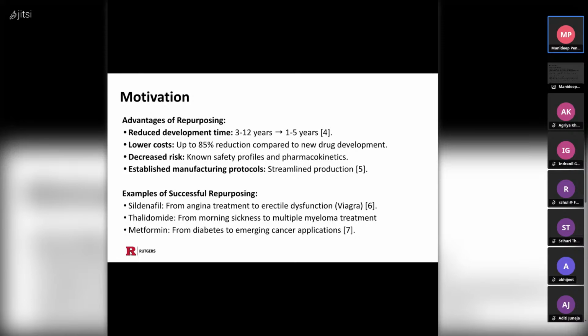Not just that, the manufacturing of these drugs is also simpler because the whole process is streamlined, right? So obviously I'm sure you guys at this point understood the benefits of drug repurposing instead of following the traditional new drug discovery route.